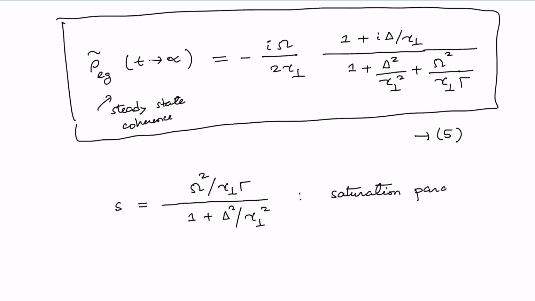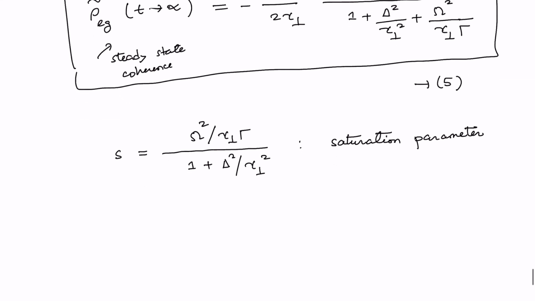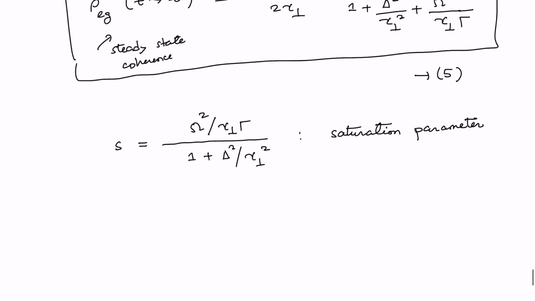That's the Rabi frequency, and you know the Rabi frequency is proportional to the electric field amplitude. That means capital omega square is proportional to intensity.